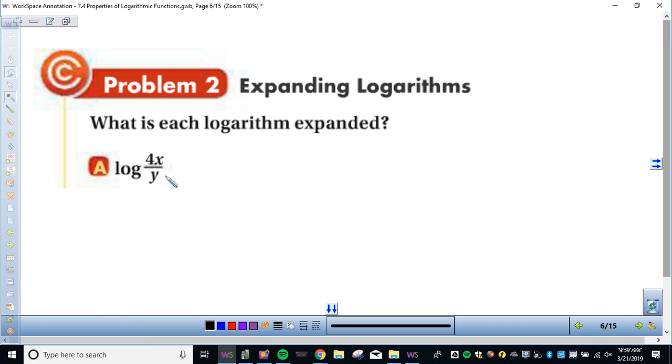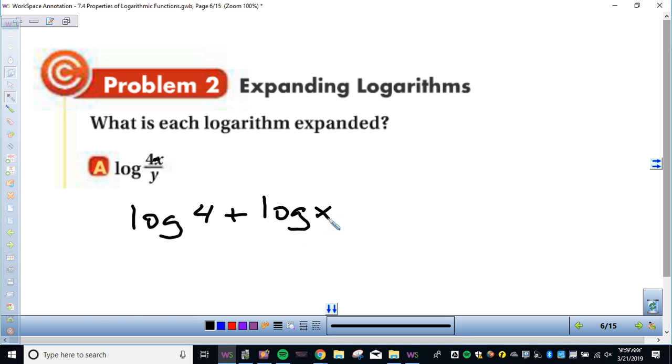So there's no base here. What base is it? 10. Okay, you don't have to write that. If it helps you to understand to write it, go ahead. I'm not going to write it. So we have log 4. This is multiplication in the numerator. So plus, right? So multiplication and addition go together. So log 4 plus log x.